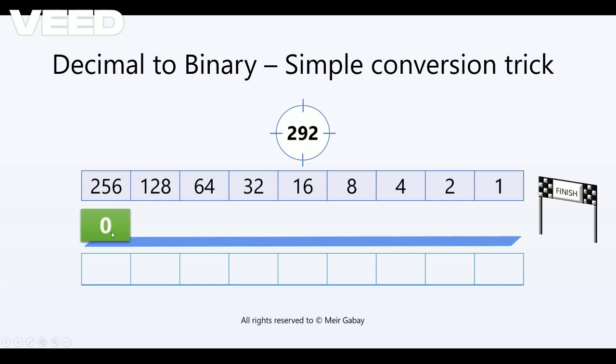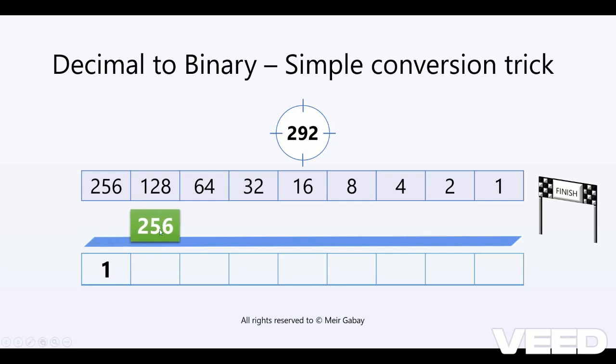We ask, does 0 plus 256 fit in 292? The answer is yes. So we add them up and we write down 1 in here. Moving on to 128. Does 256 plus 128 fit in 292? No. So we don't add them up.